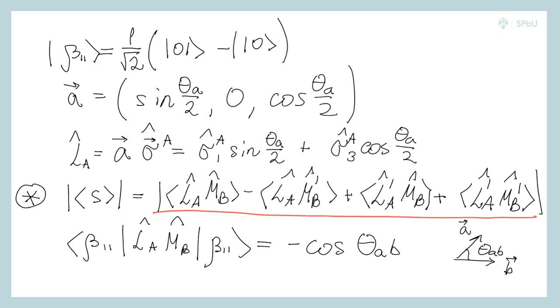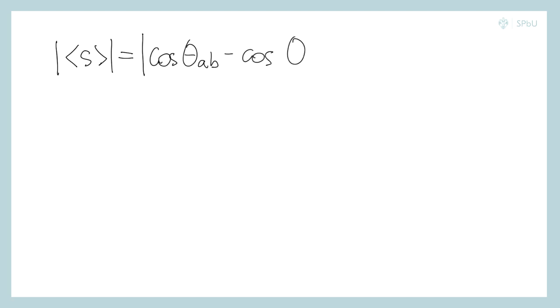And finally, the modulus of averaged S can be rewritten in the following form. The modulus of averaged S equals cosine theta AB minus cosine theta AB prime plus cosine theta A prime B plus cosine theta A prime B prime.